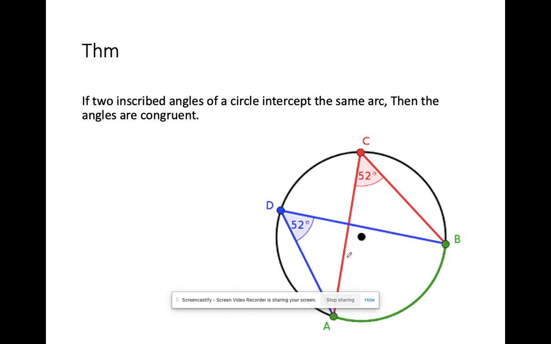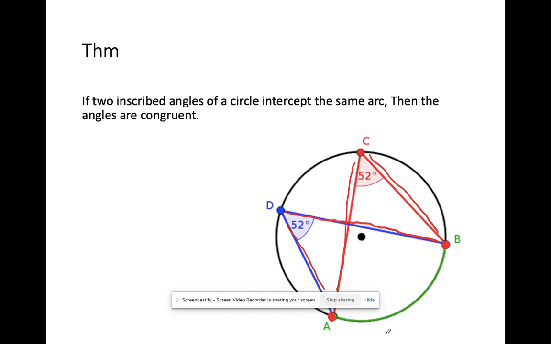Another theorem that we have is that if you have inscribed angles that intercept the same arc, then those angles are going to be congruent. So in this case, this arc AB has an inscribed angle of angle ADB. So this angle here is corresponding to that arc AB. But then we also have a second inscribed angle, angle ACB this way.